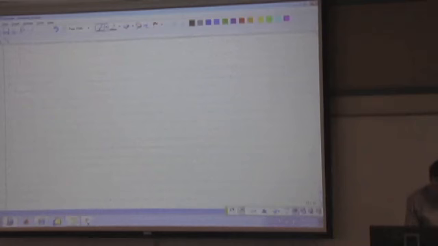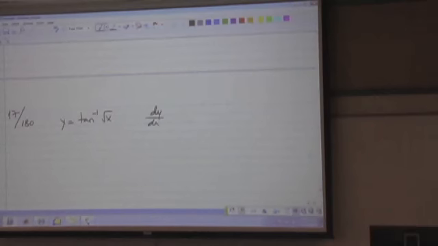So let's take some derivatives, since I know you've been dying to take some derivatives. 17 on page 180. Y equals tangent inverse of the square root of x. So what is dy over dx? Two words.